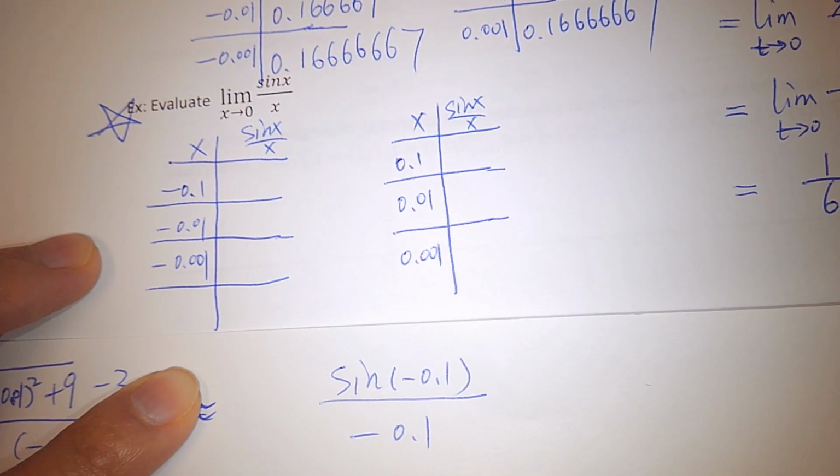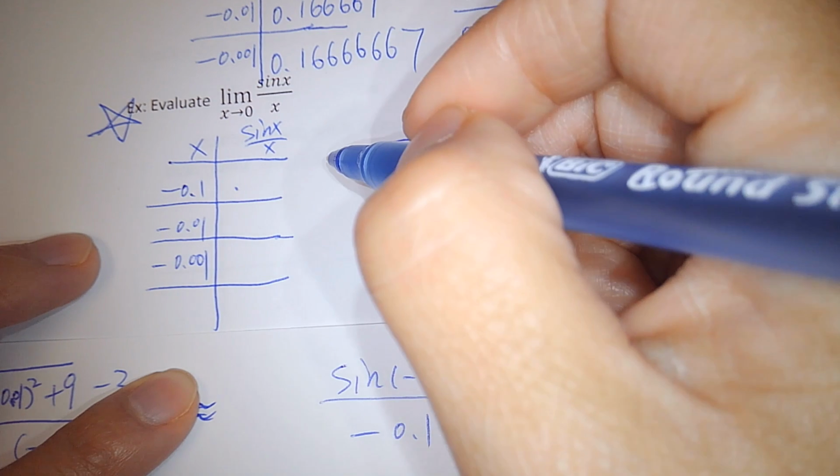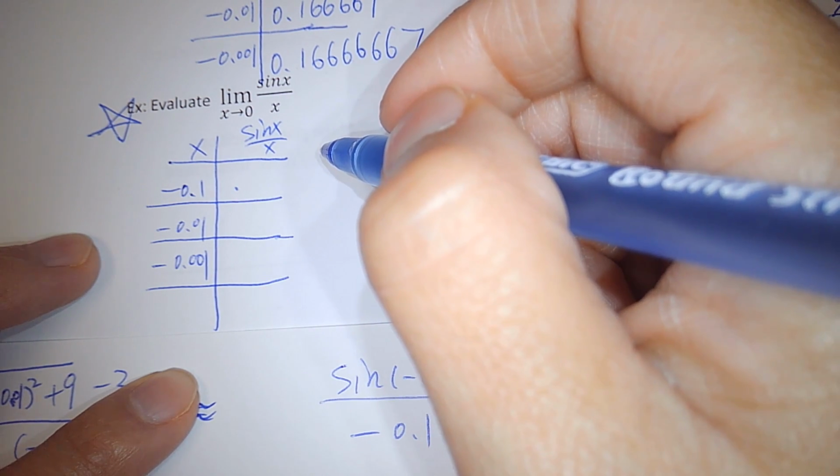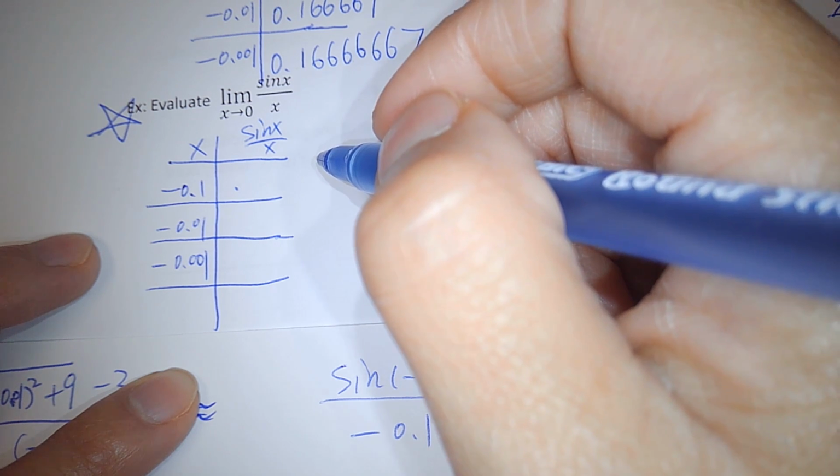Has anybody gotten a result? Grant? How many decimal places do you want to go to? How many digits do you have on your calculator? Can you give me at least 5 or 6 digits?